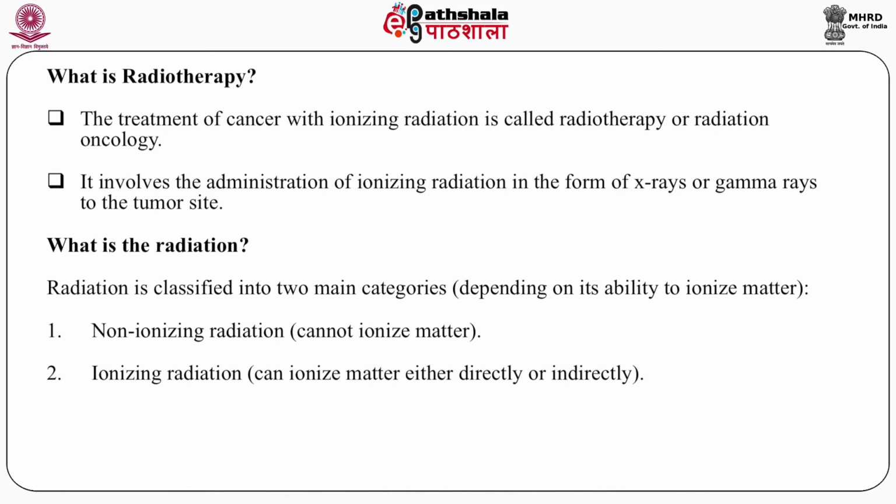What is radiation? Radiation is classified into two main categories depending on the ability to ionize matter. Non-ionizing radiations are those which cannot ionize the medium or matter. Ionizing radiations are those which ionize the matter or the medium directly or indirectly where they travel.